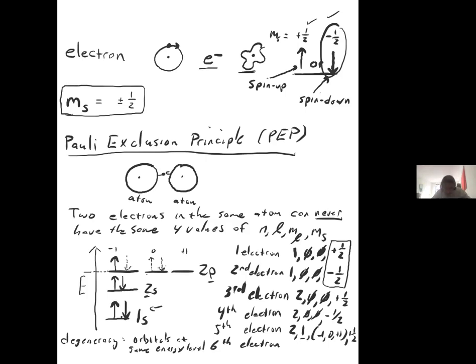If that happens, then what you do is you put the second one not in the same orbital as the first one, but into the second orbital. Okay, so that's just something you got to remember.